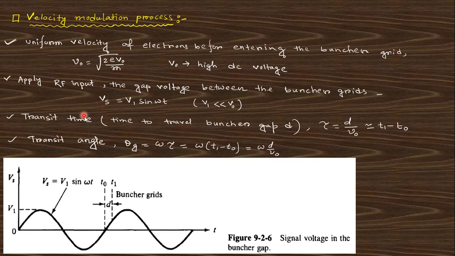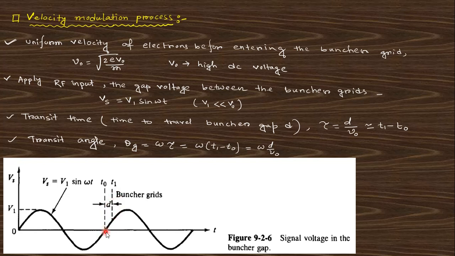Now if we apply the RF power within this gap, then the transit time, that is the time to travel this gap, is d by this velocity, and the transit angle is nothing but omega times tau.